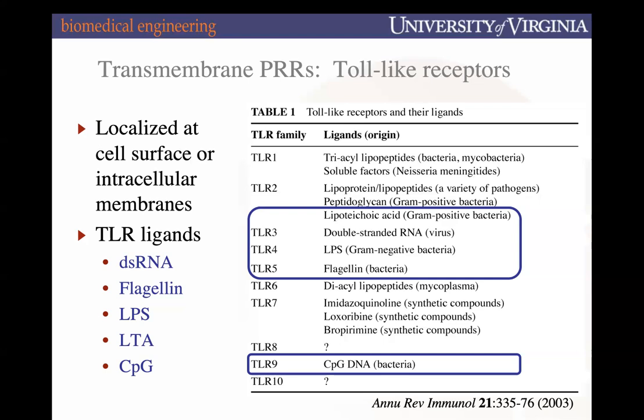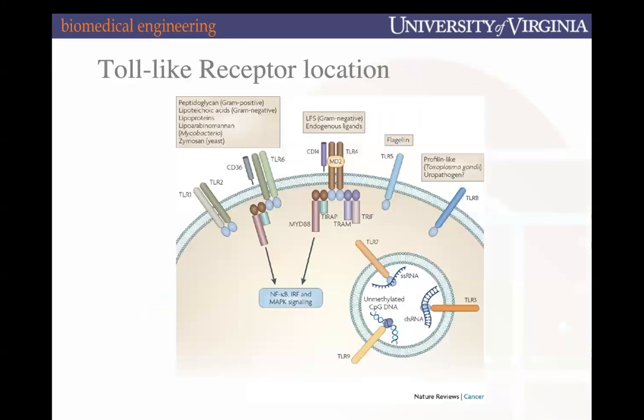CpG, so those are regions of DNA that are rich in C's and G's. There's a difference between ours and theirs, but we would only see a bacteria's DNA if it's been engulfed and is available intracellularly. And so TLR9 is expressed intracellularly.